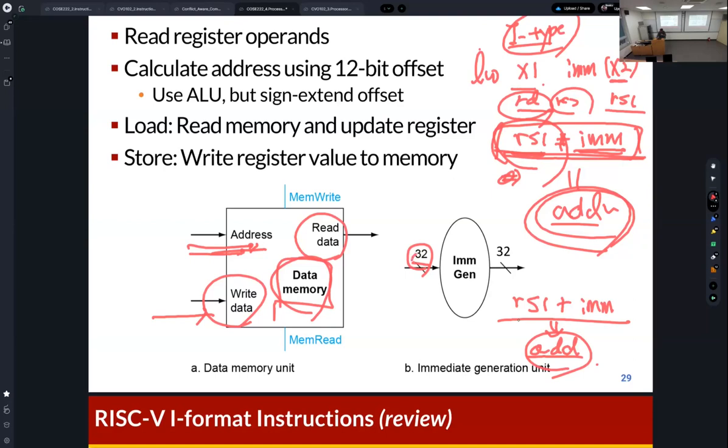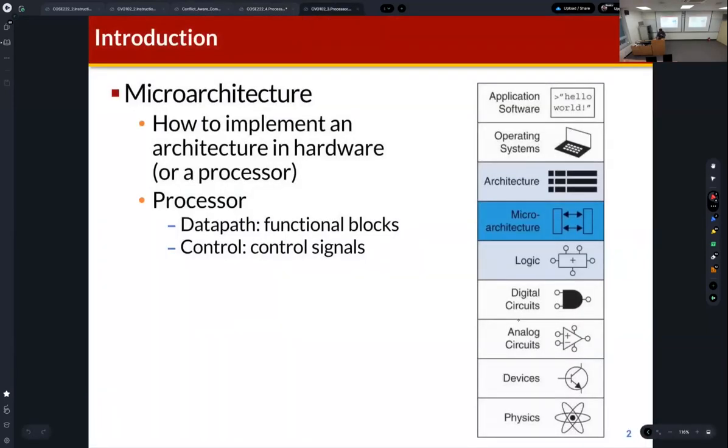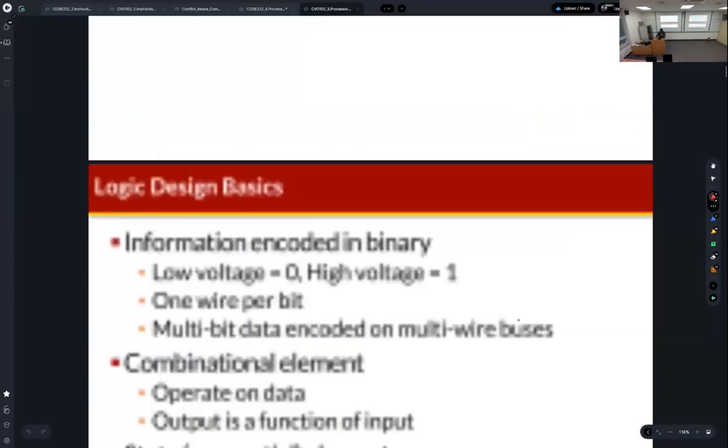It is because there are different kinds of immediate data format: I type, S type, and B type. These instructions use different formats of immediate field, right? So for example, this is a different data.